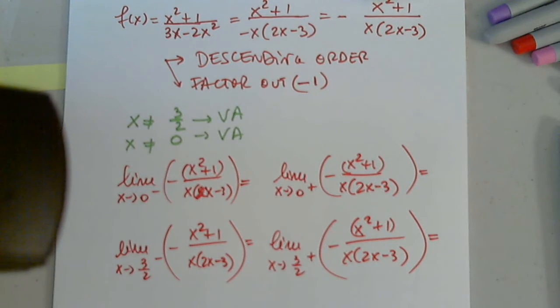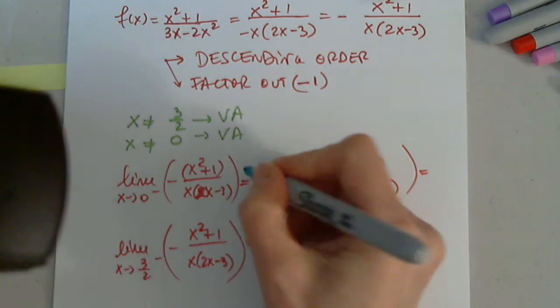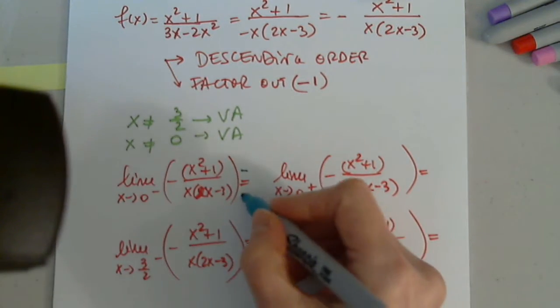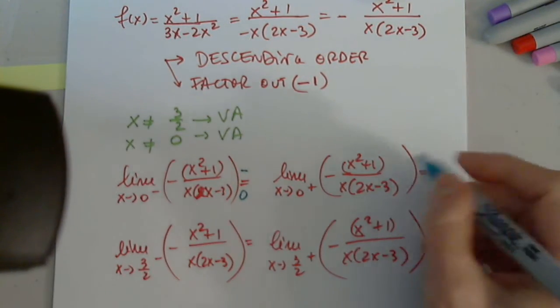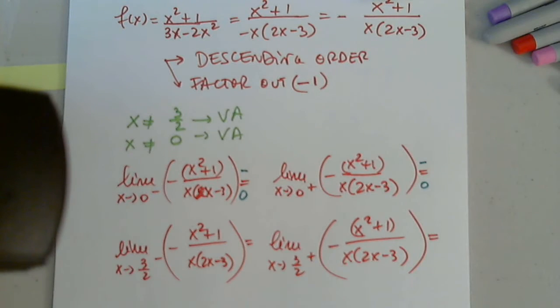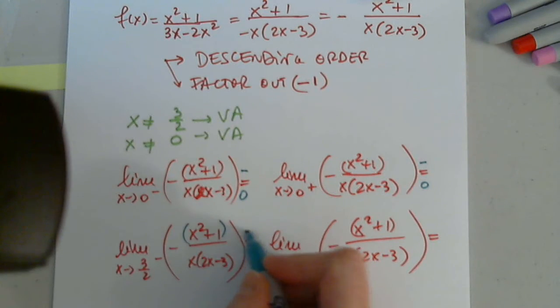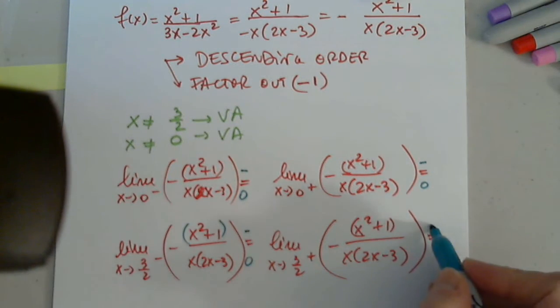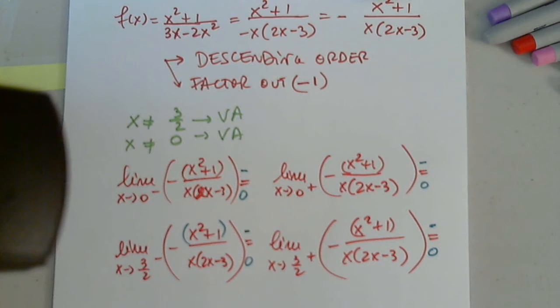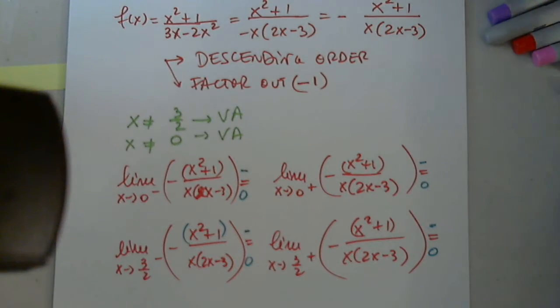Okay? So I know that when I plug in 0, the numerator is negative and the denominator is 0. The numerator is negative and the denominator is 0. The numerator, no matter what I plug in, is positive but with negative in front, and the denominator is 0. Negative again and 0. Would you all agree with this? Yes.